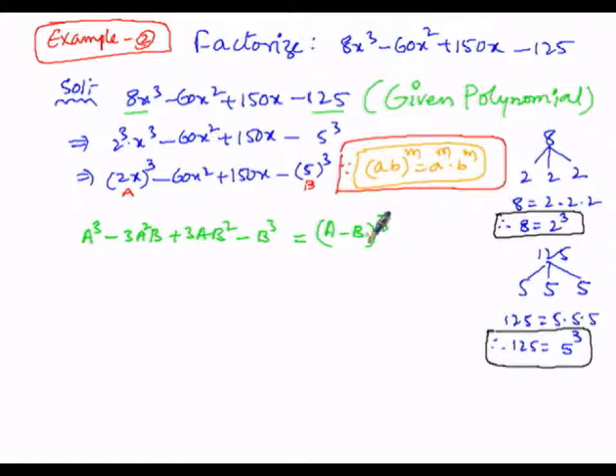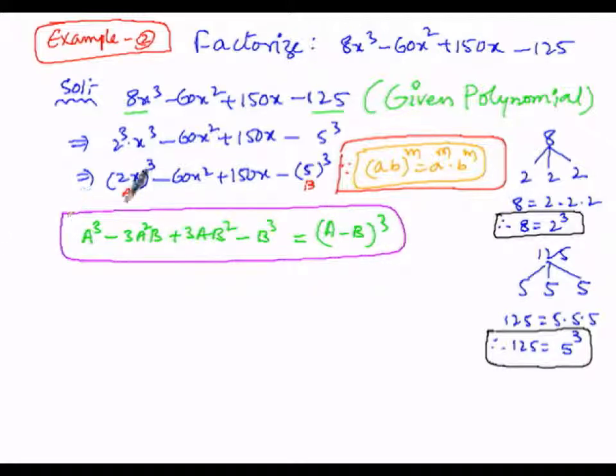We can utilize this identity, or the special product, in order to simplify 2x whole cube minus 60x square plus 150x minus 5 cube. Since we have assumed 2x as a, a must be replaced by 2x. So a equals 2x, and I assumed b as 5, so b equals 5.